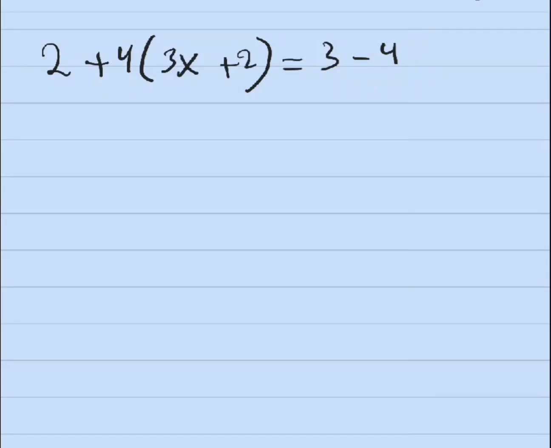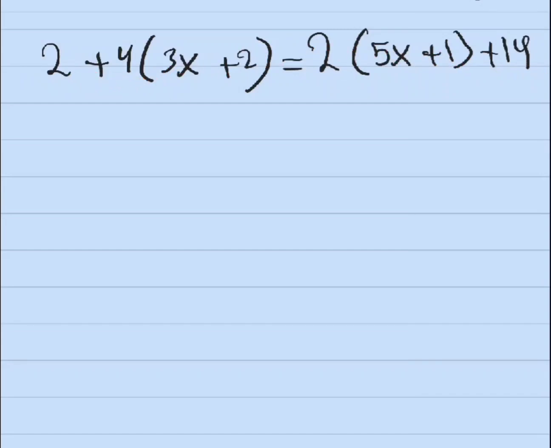Let's say it's 2 times 5x plus 1, plus 14. So using what you know, go ahead and solve this particular equation. Find the value of x.